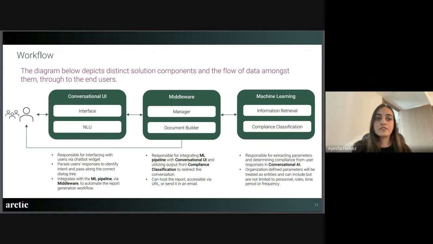And the security officers can then use this report to provide recommendations to their users. And then finally, the machine learning pipeline, as I mentioned, consists of two steps of information retrieval and then compliance classification, both of which are powered by large language models.